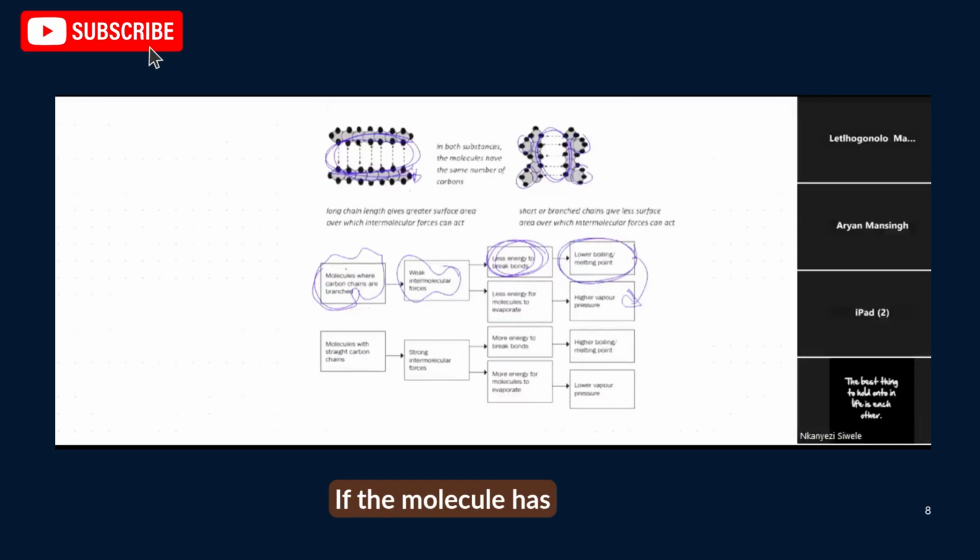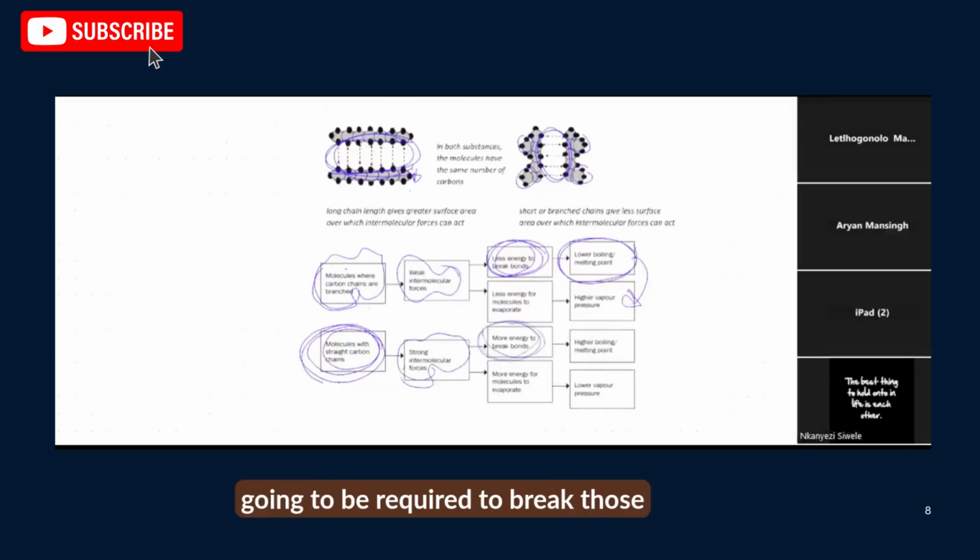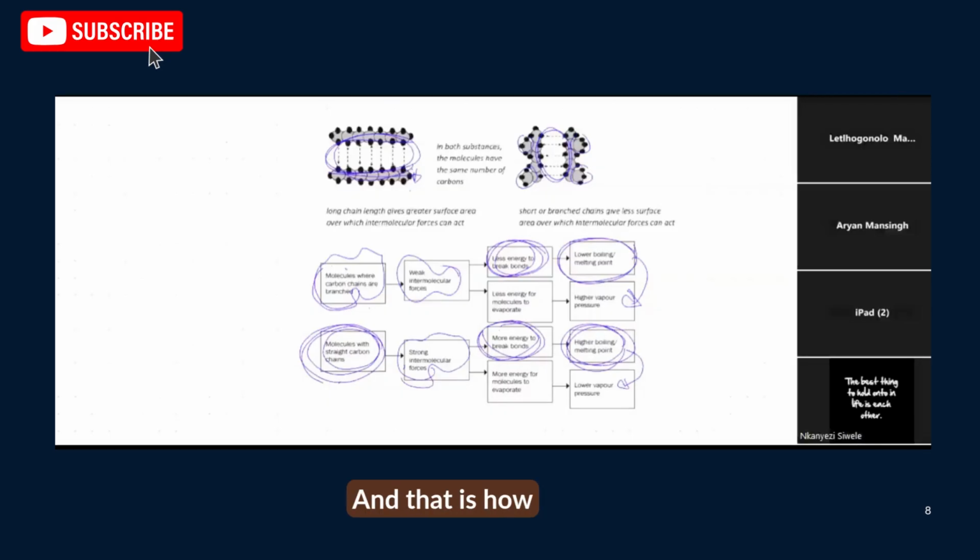If the molecule has a straight line or a long straight shape, then we know they will exert stronger intermolecular forces, and more energy is going to be required to break those bonds. Therefore, we would have a higher melting point and a lower vapor pressure. And that is how those would then influence the intermolecular properties.